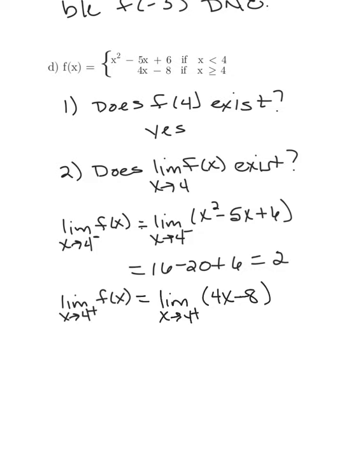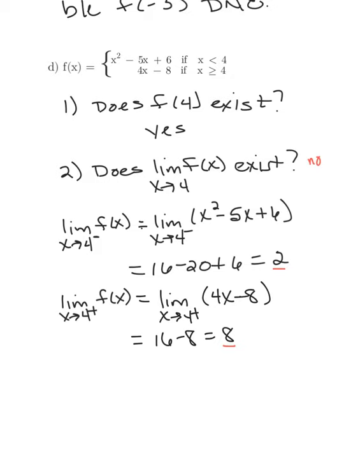If we put 4 into that, we will get 16 minus 8, which equals 8. So the limit from the right is 8. The limit from the left was 2. The limit from the right was 8. So that means that our limit does not exist. So the answer to our question is no. If that answer is no, that tells you that the function is not continuous.